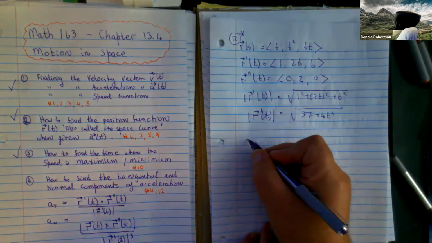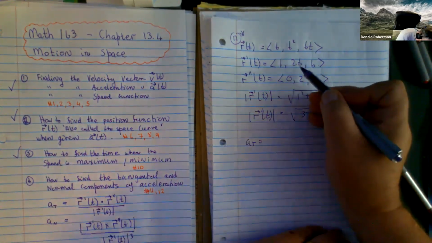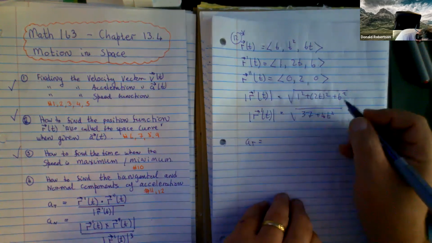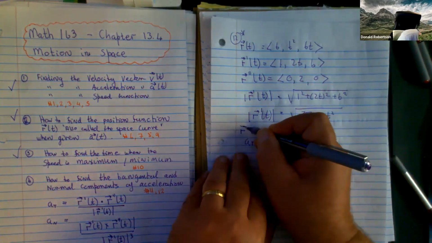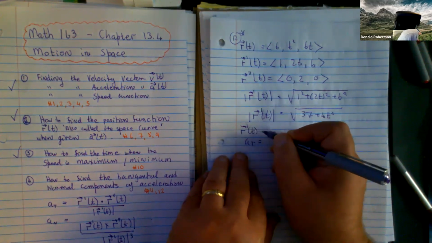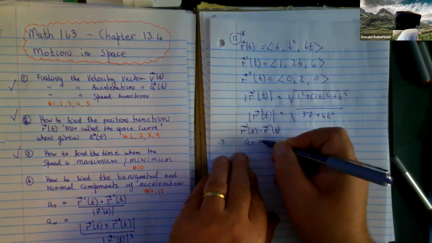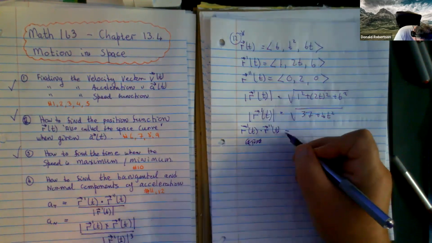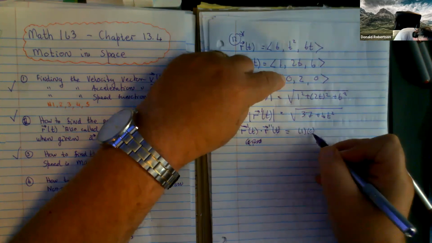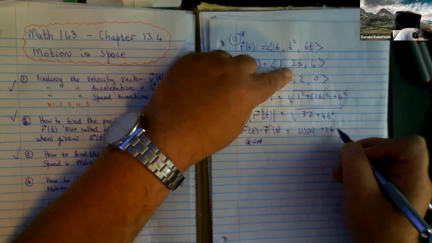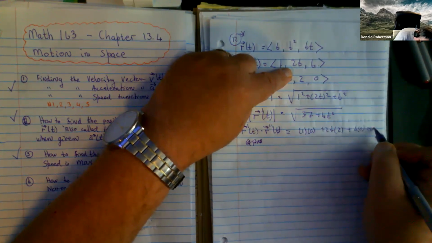So if you want to get the tangential component, it's the dot product of these two guys, which I guess I should now do. So the first guy dot product with the second guy: 1 times 0, 2t times 2, and 6 times 0, which is just 12t.